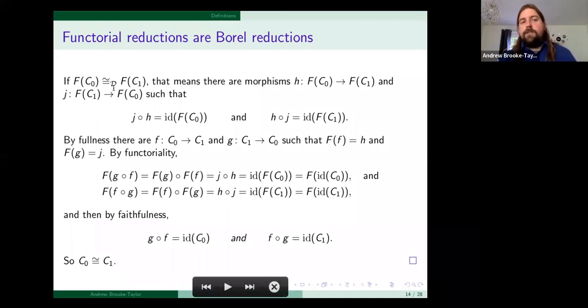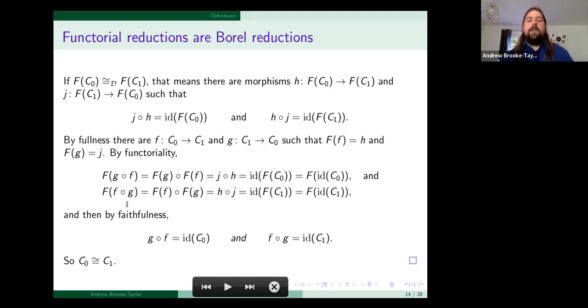So if you've got such an isomorphism, what does that mean? You've got morphisms H one way and J back again that compose to give the identity. By fullness, those H and J are images of something under F. And then by functoriality, if you look at F on the composites of the things that gave you H and J, that gives you F of the identity.